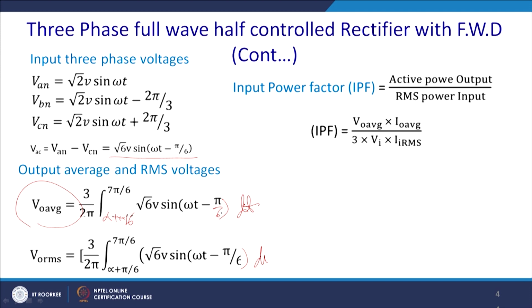Thus the input power factor is an important quantity, and it is the active power divided by the RMS input power. Once you have a negative portion, the active power essentially will be a subtraction.